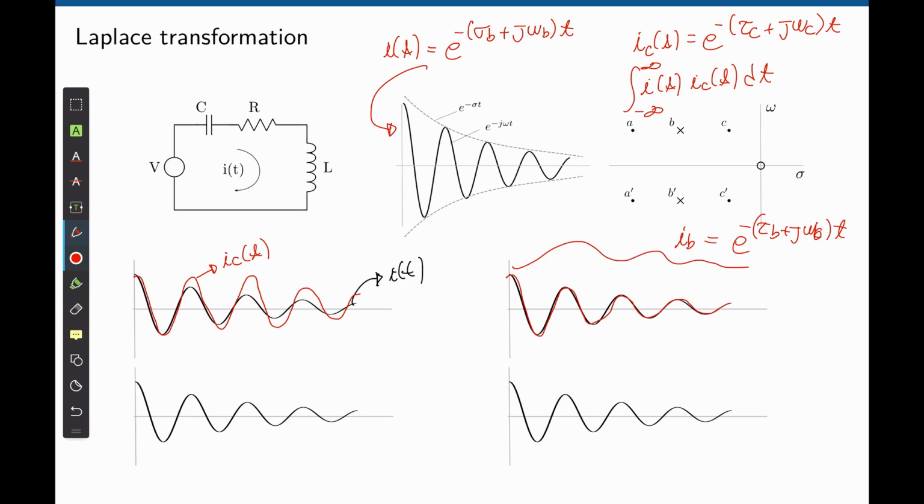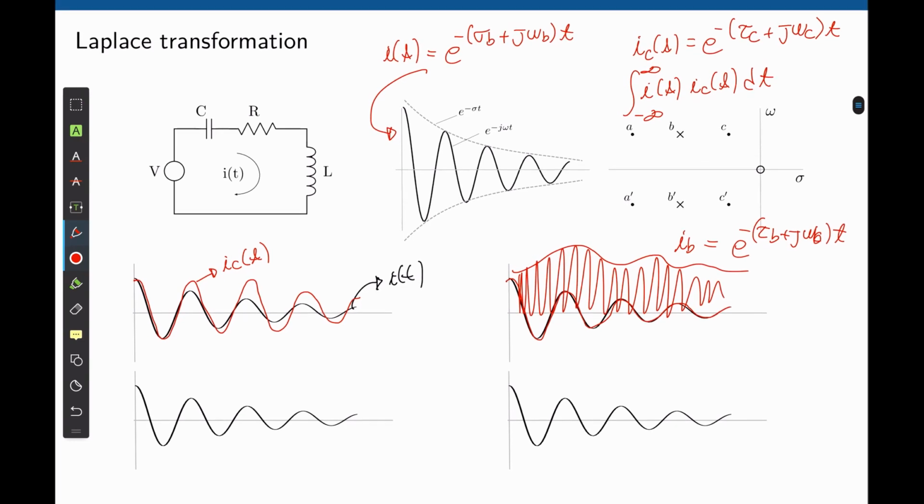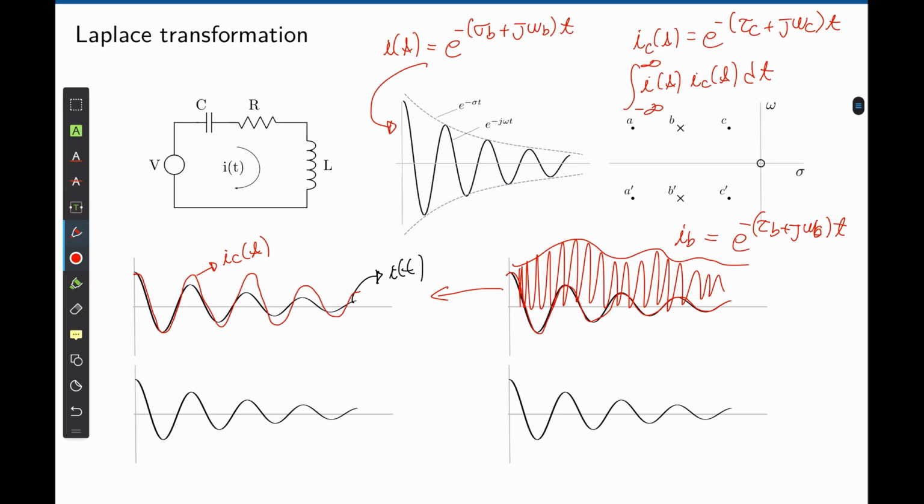And when you multiply them, we have a curve that is always positive. When you now take the integral, it will be the area below that curve. And as you know now, because this is always positive, the result will be greater than the example we had with I_C. And in fact, this will be the highest bounded number that we can have.